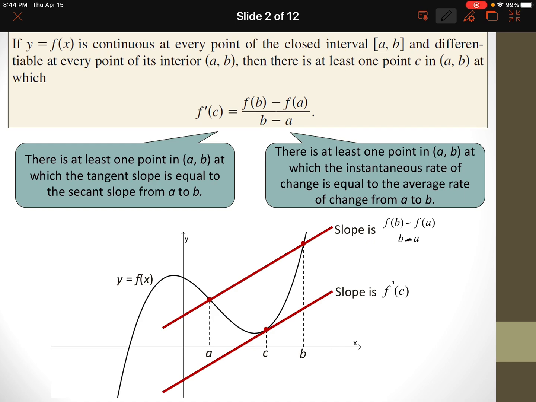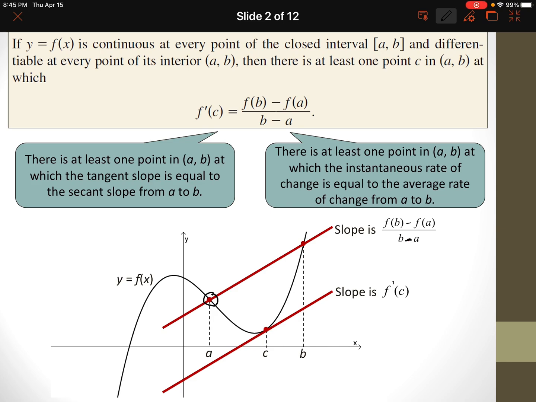Now, what's intuitive about this is if you look at the picture at a there, right at that initial point that they're talking about, in this picture the instantaneous rate of change happens to be negative there. But the important thing is that slope happens to be less than the secant slope.